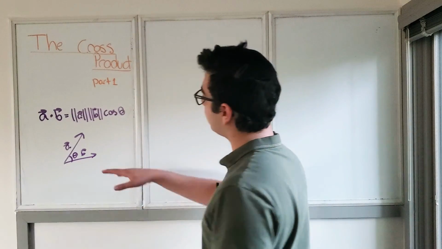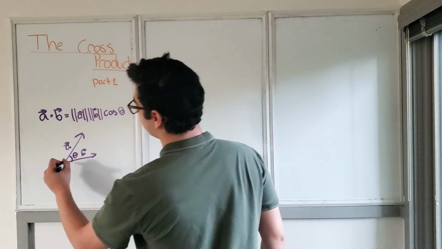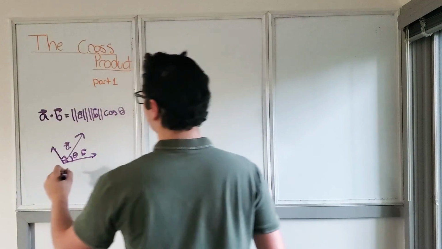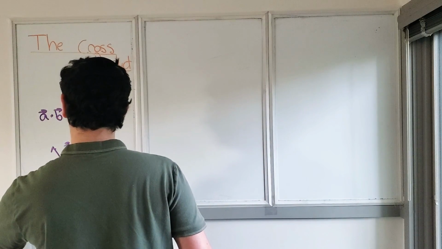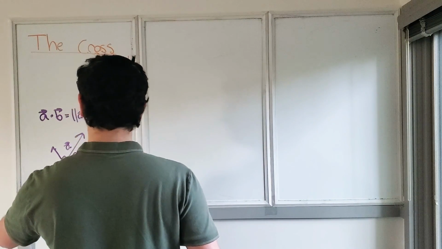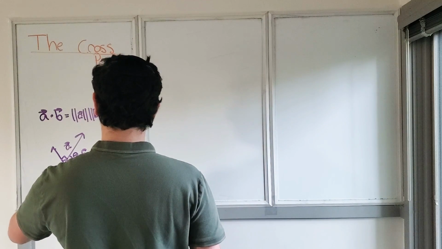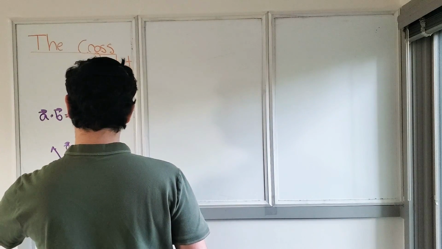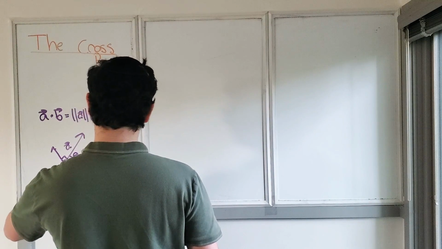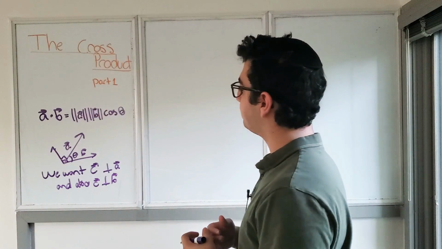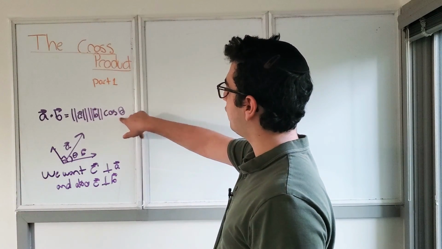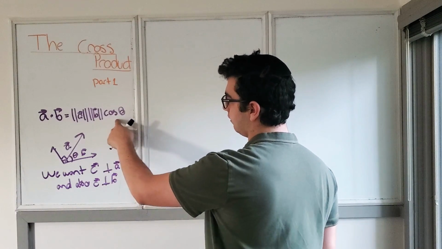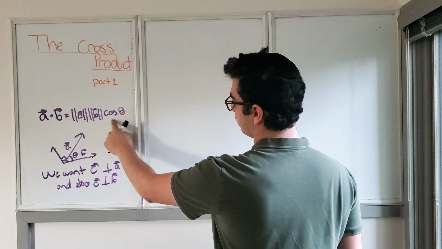So now what I'm going to say is we want to find some vector that's perpendicular to both vector A and B. So we want some vector C perpendicular to vector A and also perpendicular to B. That would happen when theta is pi over 2, and then the cosine of theta would be 0.